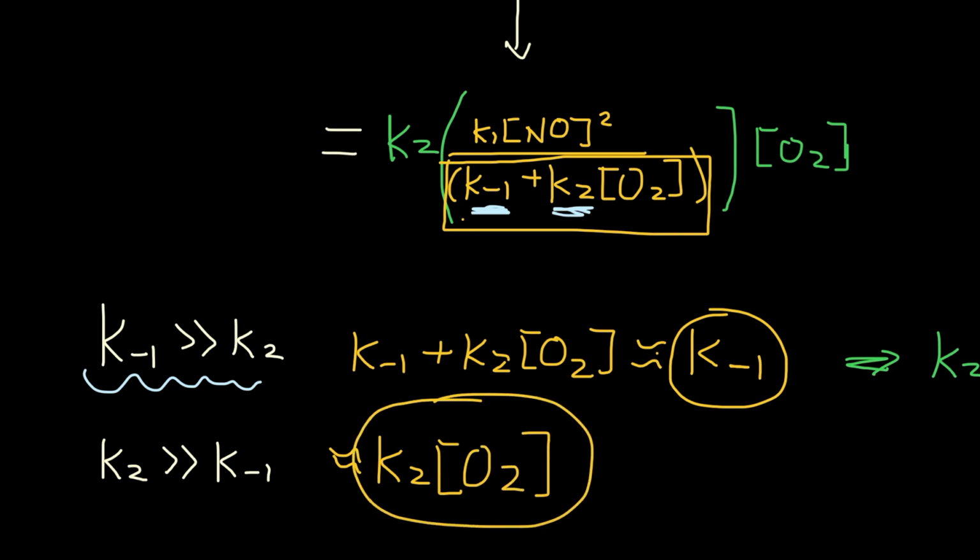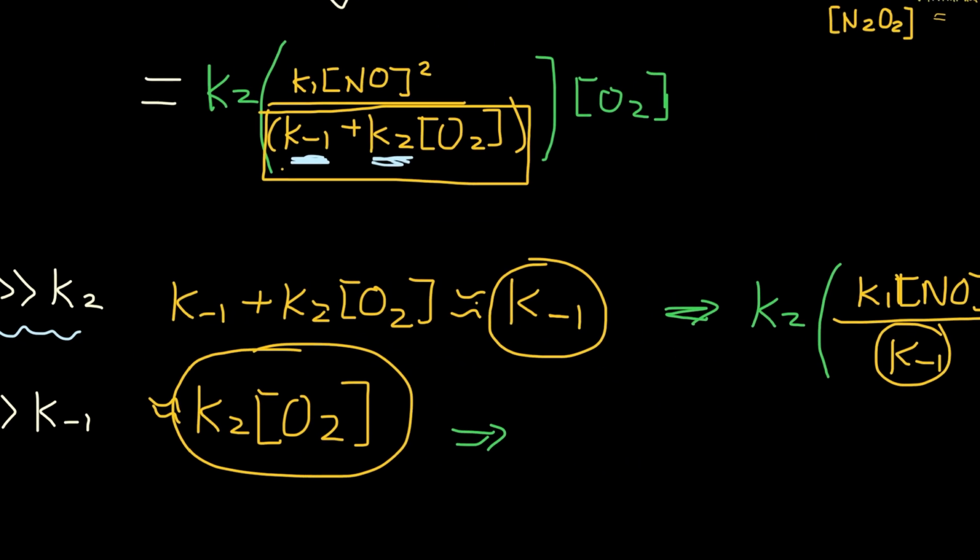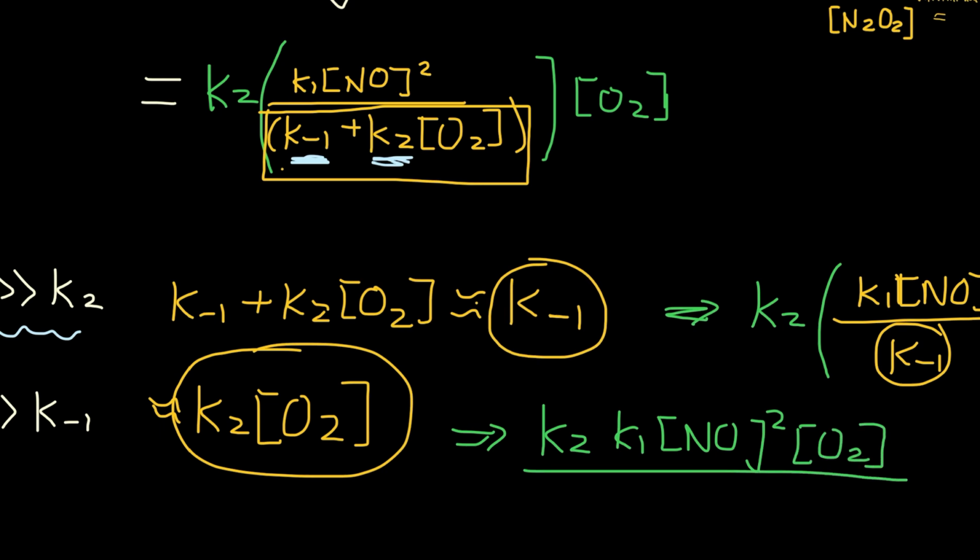Then in application, that would make our overall equation look something like this. Our K1 is still on top, and oxygen is still on top, but the bottom is what changes. And then we can also simplify it by canceling out a few things.